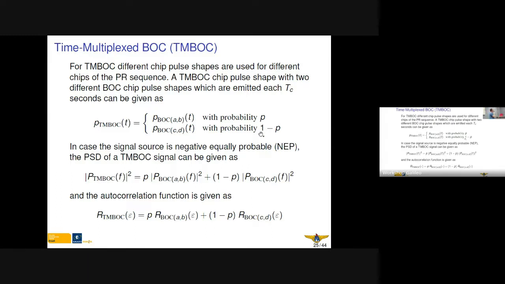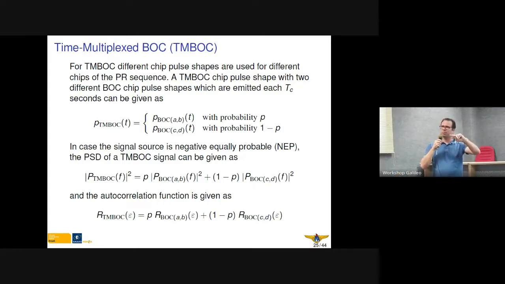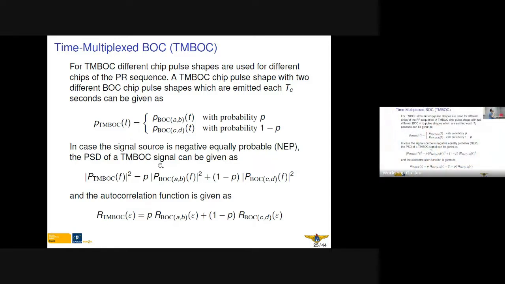If we assume that the signal is equally probable negative and positive, which in principle means that for both of these chip shapes we have equally probable negative and positive phased chips, then the PSD of the time multiplexed BOC signal is p times the power spectral density of the BOC(A,B) signal plus 1 minus p times that of the BOC(C,D) signal.